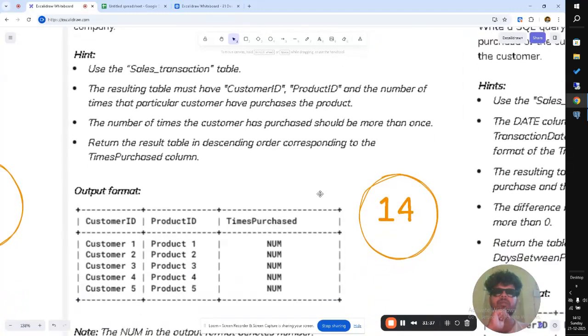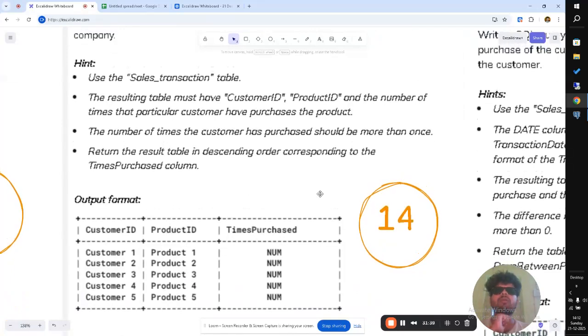Number of times a customer has purchased. Return the result in descending order corresponding to the times purchased.